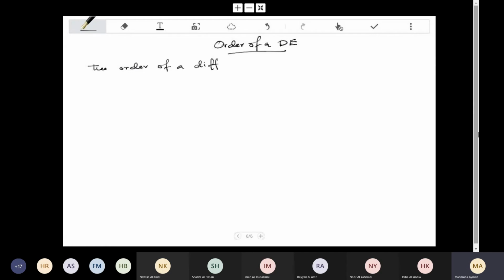If my handwriting looks unclear to you, you can let me know because I'm writing fast, so it may get a bit distorted. But if you inform me that you do not understand, I'll try to slow down. So the order of a differential equation is the highest order of derivative present in the equation.